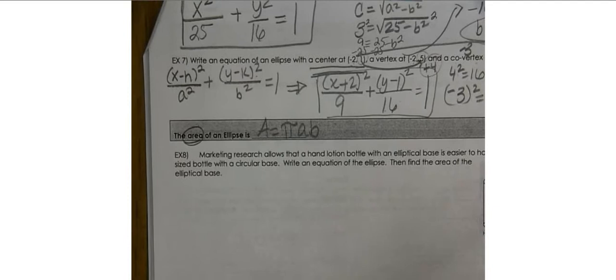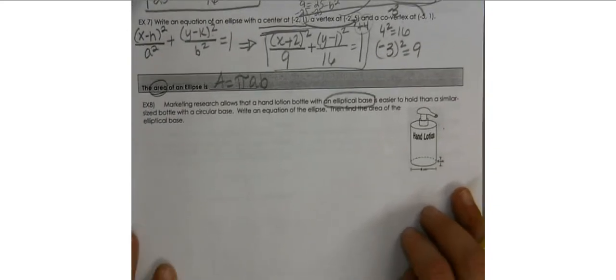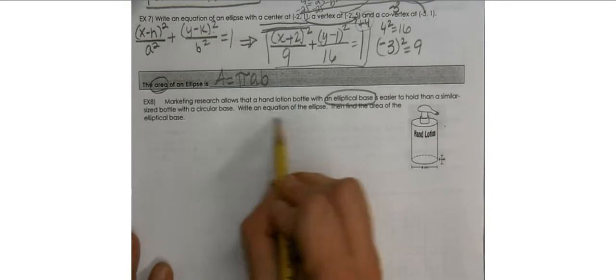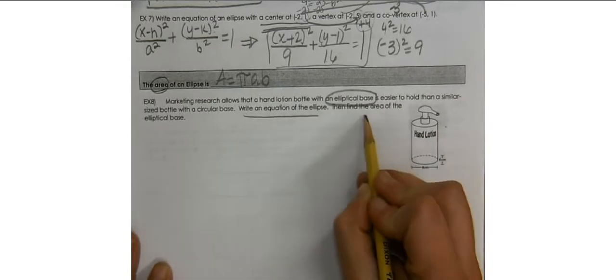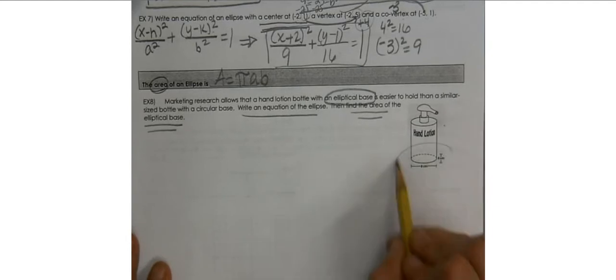So number 8 says, marketing research allows that a hand lotion bottle with an elliptical base is easier to hold than a similar sized bottle with a circular base. We want to write an equation of the ellipse, and then we want to find the area of the elliptical base. So let's focus on the base first.